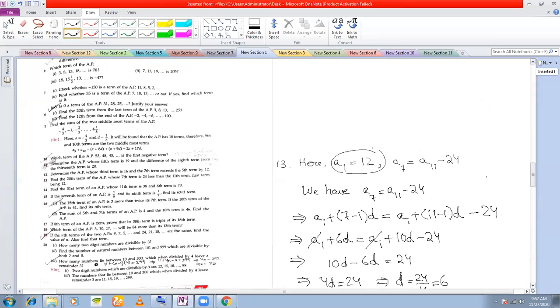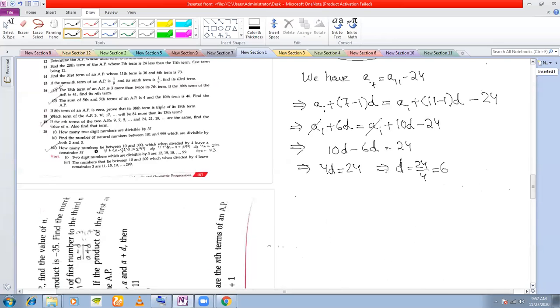And we know the first term also. How can we determine the AP? Therefore, the AP is A1, A1 plus D, A1 plus 2D, A1 plus 3D, and so on. So what is the AP here?